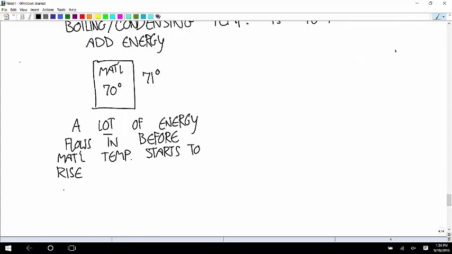Because all you're doing is going from a saturated liquid toward a saturated vapor. And then if you're trying to remove energy, it's just a reverse process.